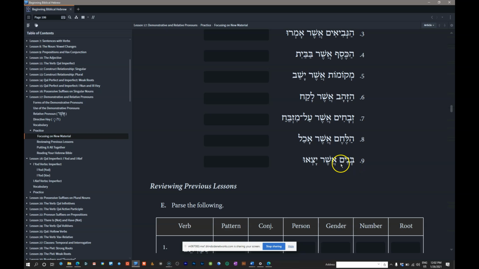So sons which came out or went out should probably be sons who came out. And again, sons is probably the subject of Yetza'u, because you don't come out sons. This would have to be in the Hifil stem, which we haven't gotten to yet.